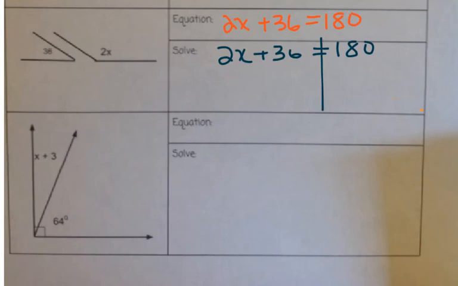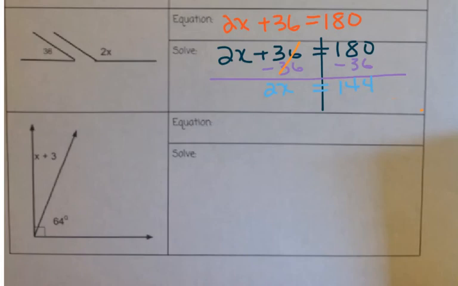Now, when I look at this, the first thing that I have to do is get rid of this 36. I'm going to subtract it from both sides. When I do that, it cancels out. So that's going to leave me with 2x on this side and 144 on that side. So what that means is my x is not by itself.